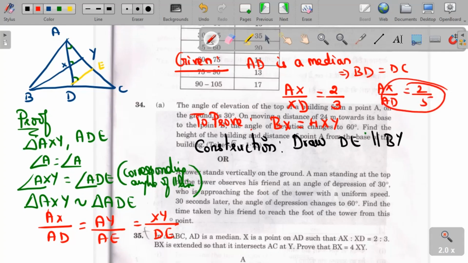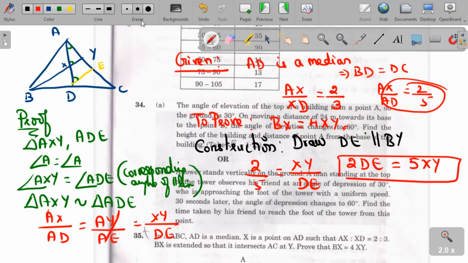So this is 2 by 5 is equal to, I'm not bothered about AY by AE. I need this XY term in the proof. So I'm skipping this proportion and taking up only this. So this is XY divided by DE, which means 2 times DE is equal to 5 times XY.